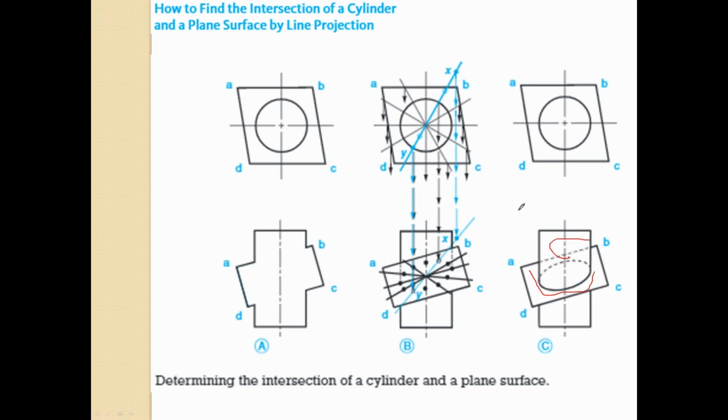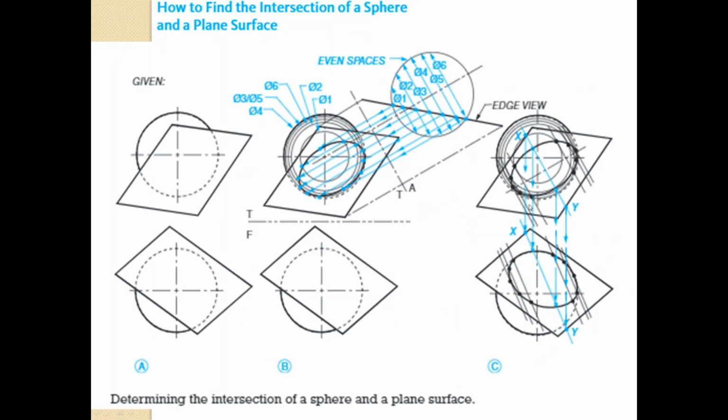So yeah, now we're going to go on to the next good example, how to find the intersection of the sphere and a plane surface. So first thing you would do is to determine the H view first.